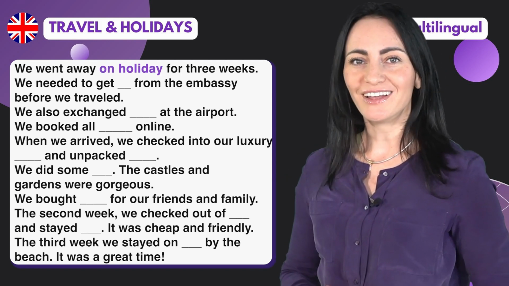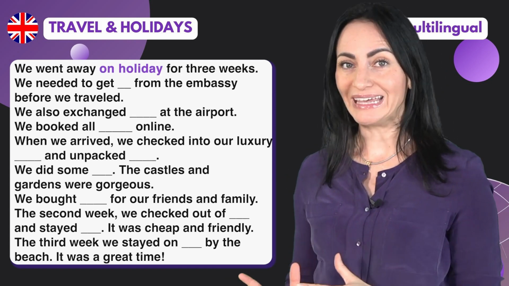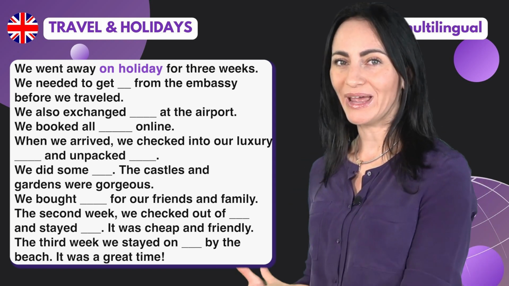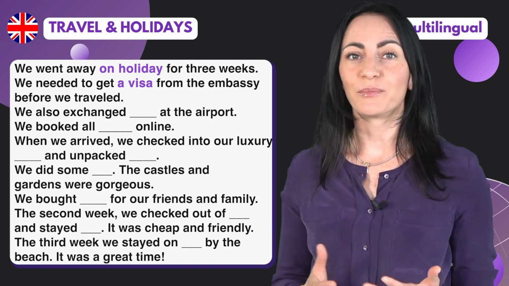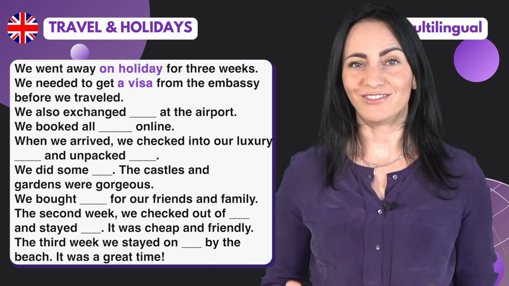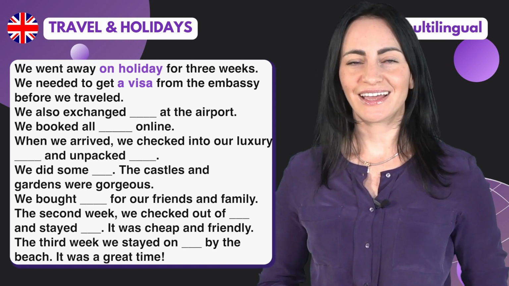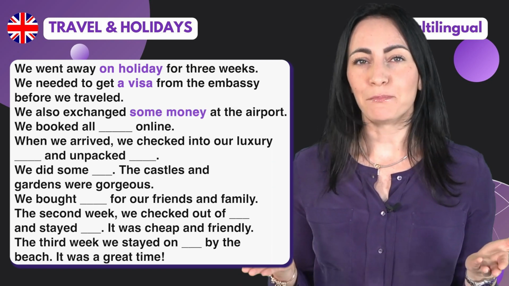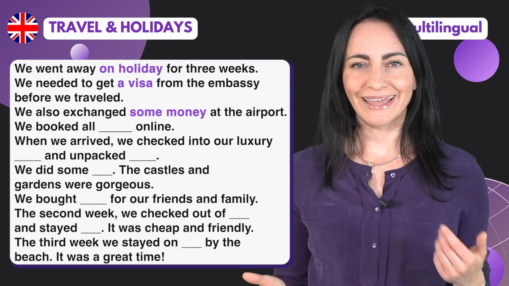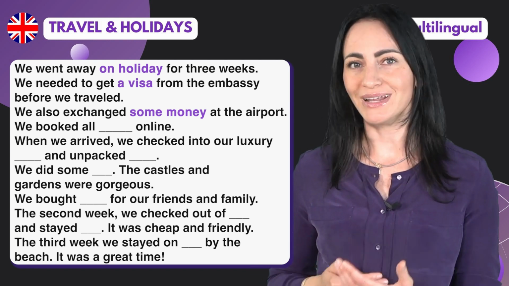The first one. We went away on holiday for 3 weeks. Went away on holiday. We needed to get a visa from the embassy before we traveled. Visa. Embassy. We also exchanged some money at the airport. Exchanged some money.